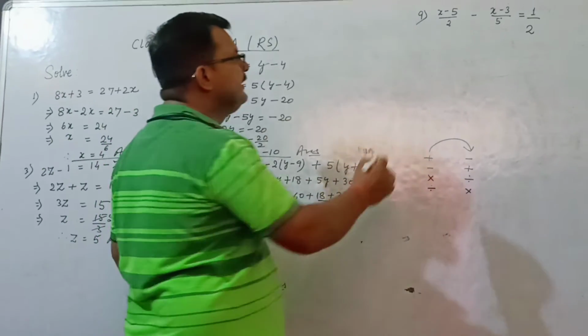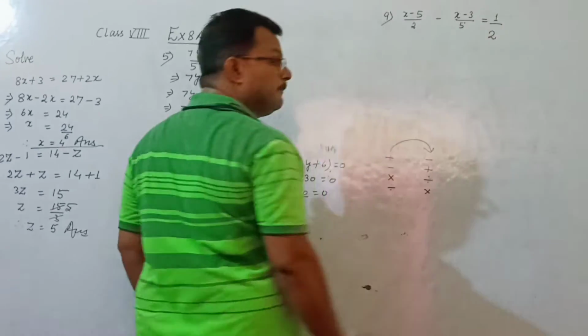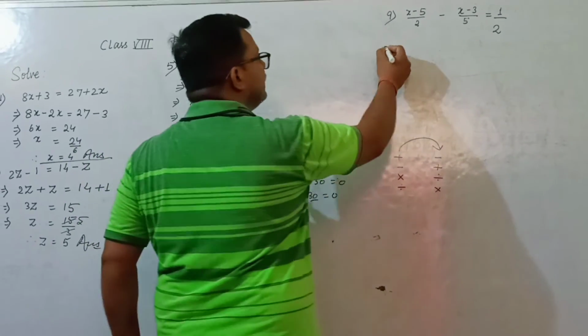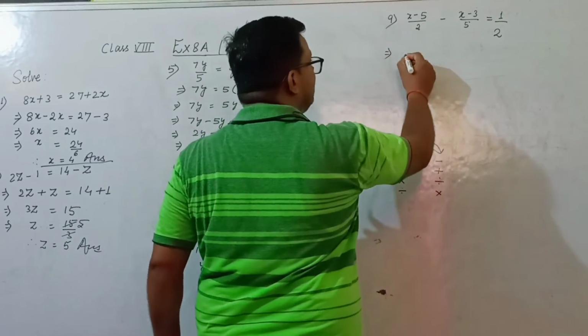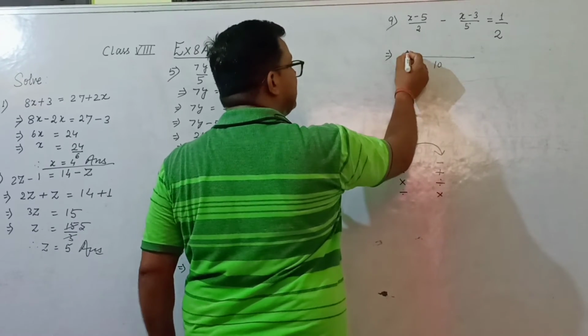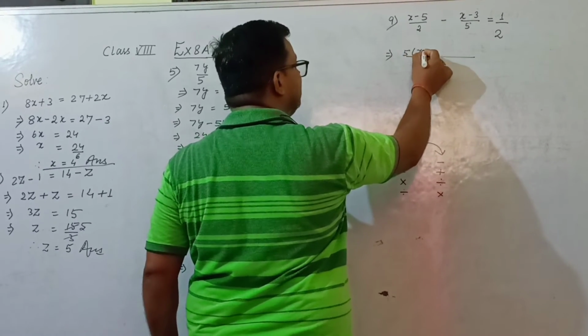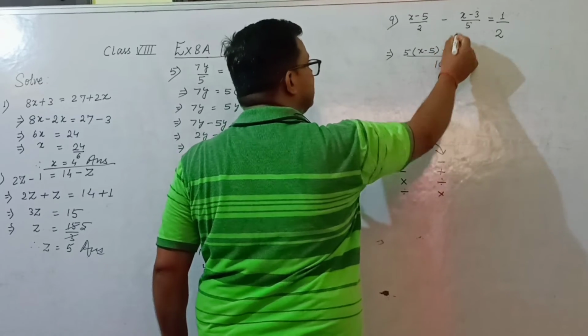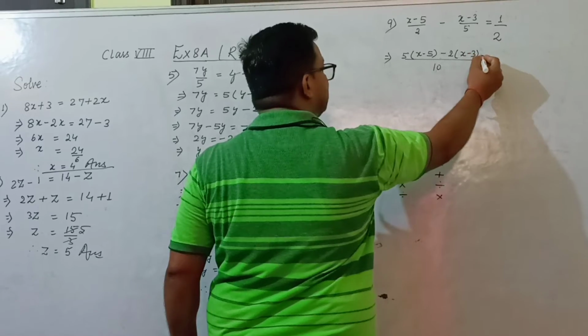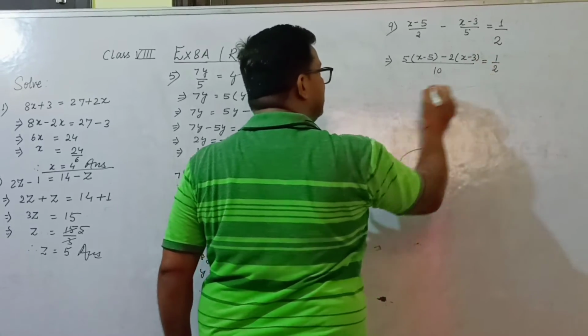One more question you see here. This is given in fraction. You have to follow the fraction rule. See, what will be the LCM of 2 and 5? 10. Divide 10 by 2, 2 fives are 10. Write 5, write the numerator. Then minus, divide 10 by 5, 2. Write the numerator, second numerator. Write down here 1 by 2.